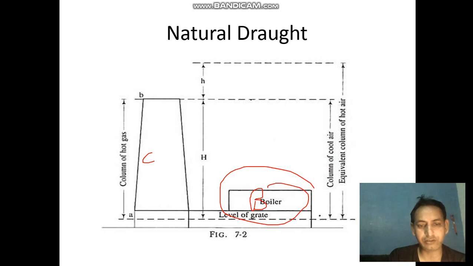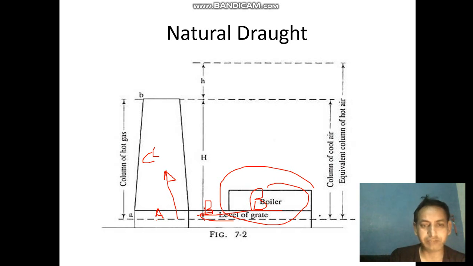Now we will consider two points inside the chimney. Let us suppose this is point A, and another point is B at the same grade level. When there is firing at the furnace, the flue gases move from the boiler house to the chimney, and the cold air inside the chimney is replaced by the hot gases coming out from the boiler.